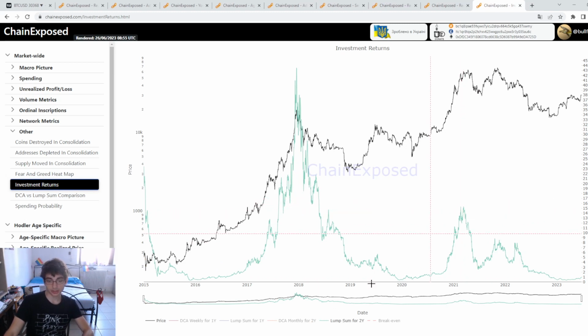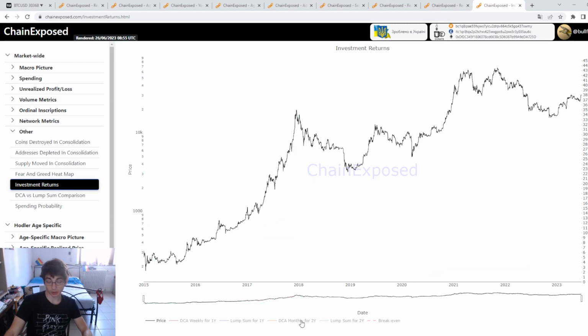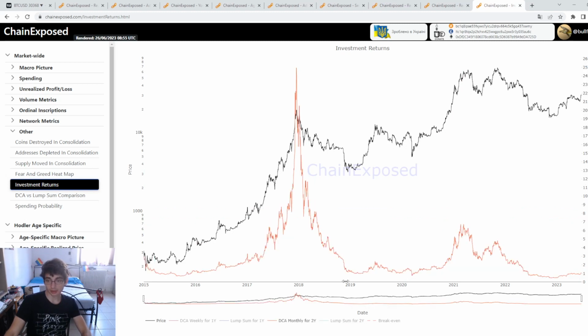So we see anyway that if we just wait 2 years from the depth of the bear market, more or less, or anyway, not only the depth, but let's say 2019 anyway, more or less from the depth of the bear market, and we wait 2 years, we have a huge return on investment in comparison to DCAing monthly for 2 years, for example.